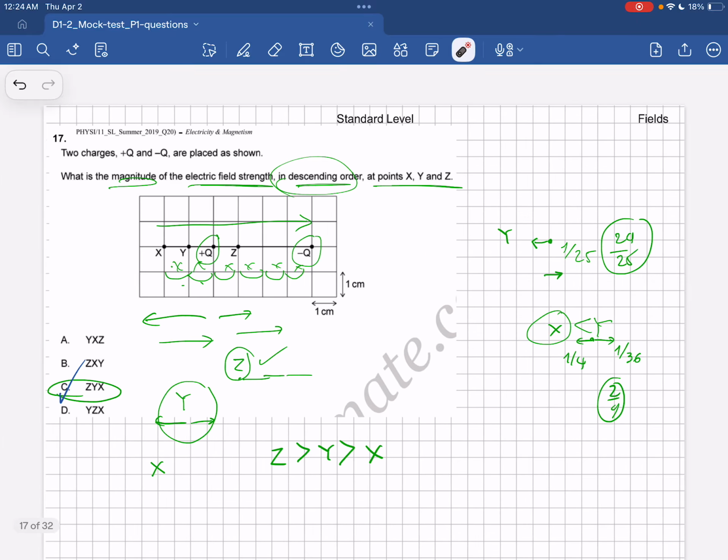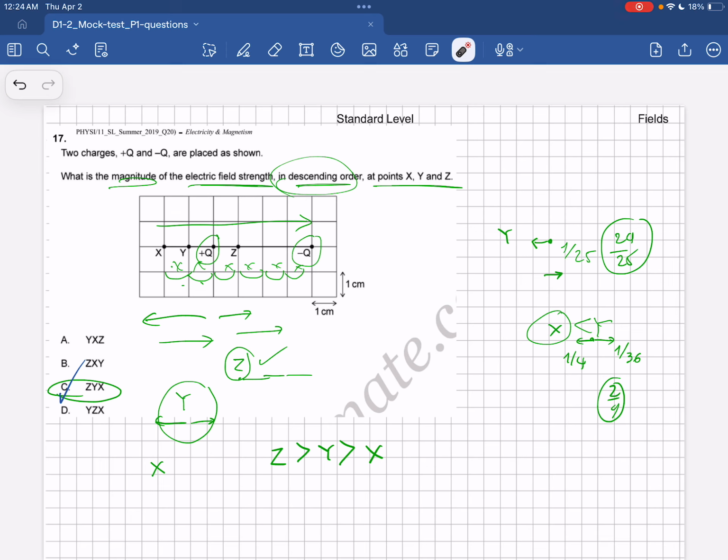Number 17, two charges are placed as shown. What is the magnitude of the electric field in descending order at these 3 points? We have two charges here, the plus one and the minus one. So let's see.